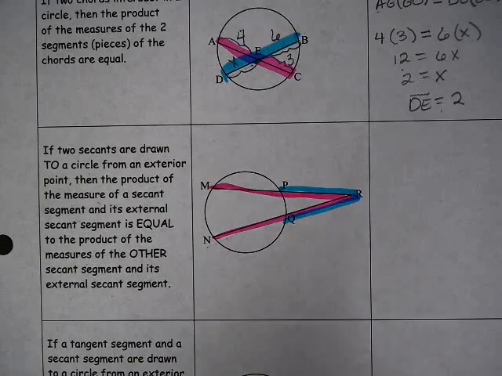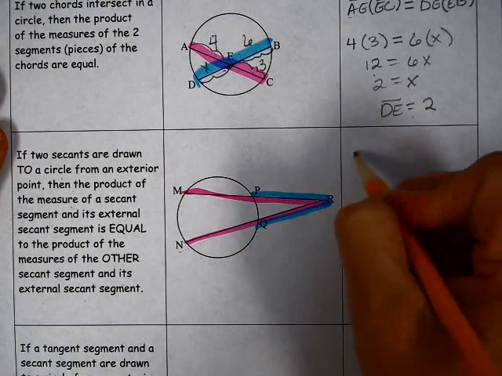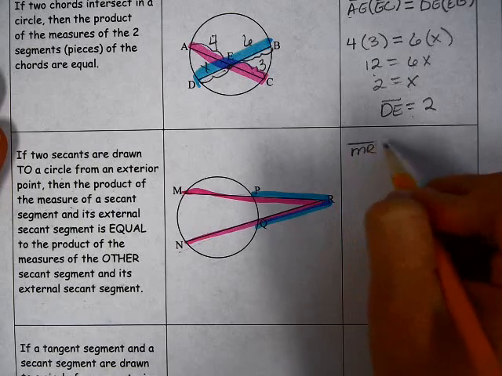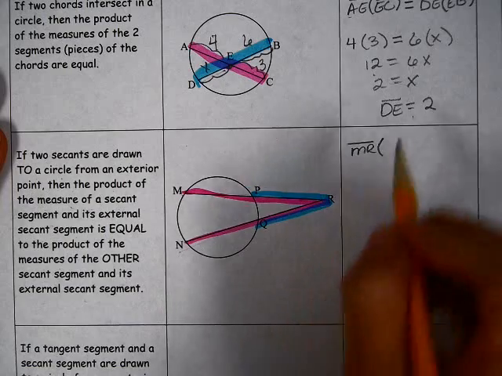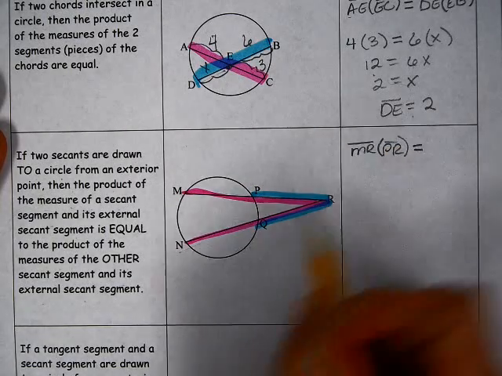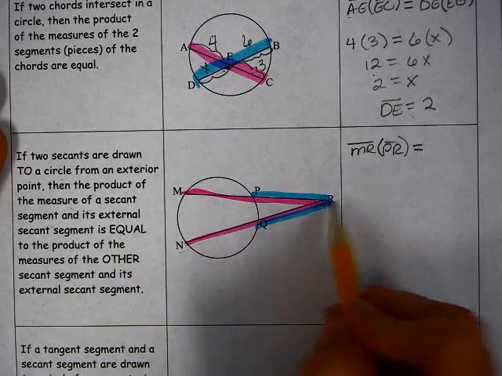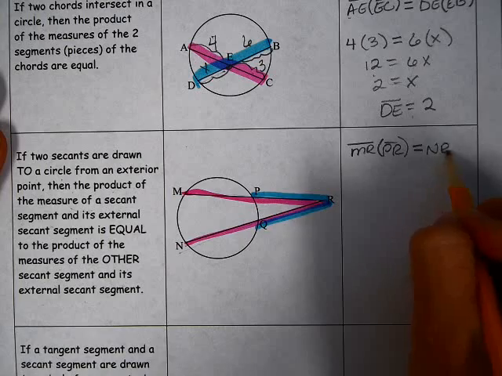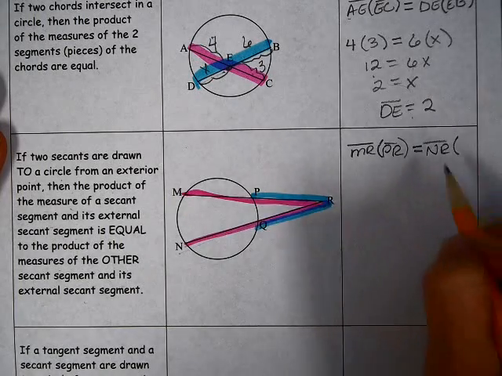So we would write that out: that segment MR times its external part PR is equal to the other secant NR times its external part QR.